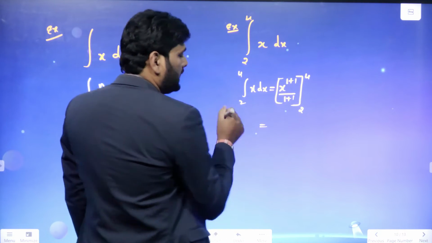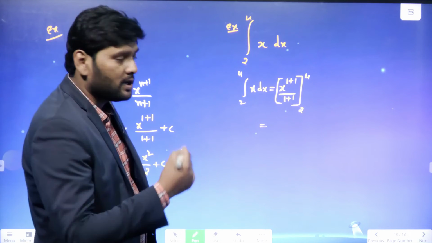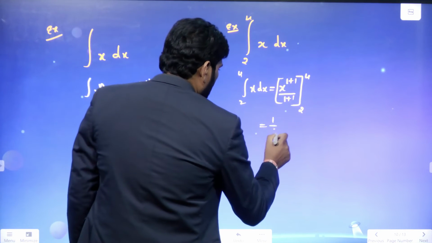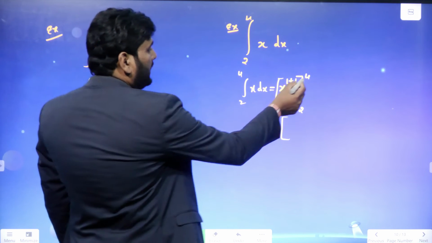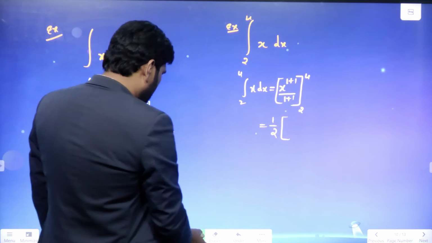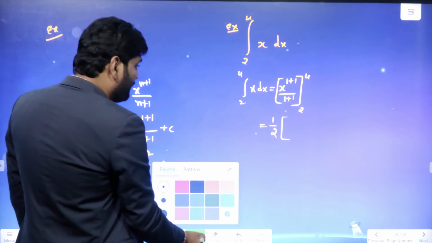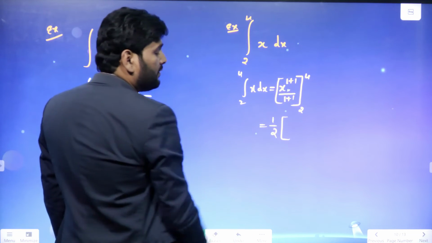Now you can take the 1 by 1 plus 1 common out. Now I will apply the upper limit first, in place of x.